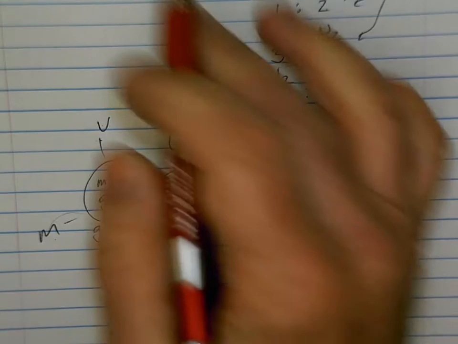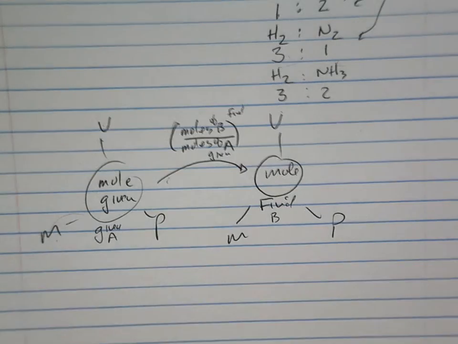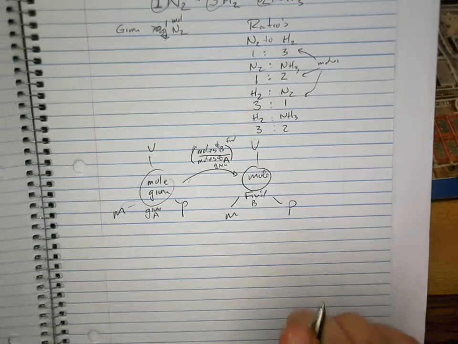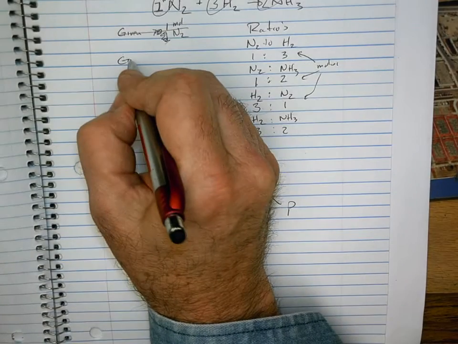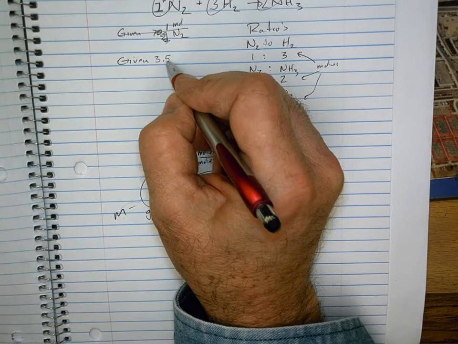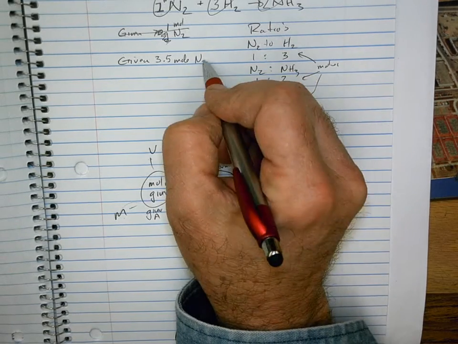So now let's go back to that problem I was starting to make earlier. Let me zoom out here a little bit. All right, so let's say we are given 3.5 moles of nitrogen, which in this equation nitrogen exists only as N2.